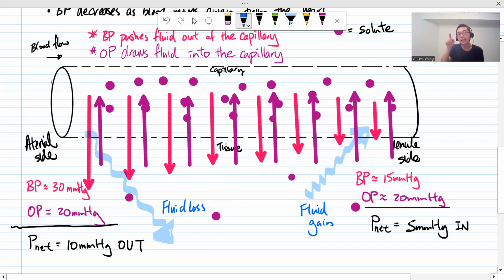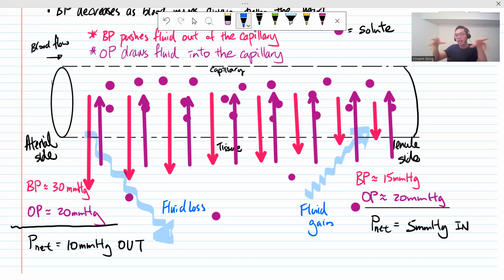And it turns out the fluid that stays in the tissue plays an important role as part of your immune system. We'll come back to this concept later at the end of lecture 2. For now, you just have to contend with the fact that I'm losing more than I'm bringing back. What's happening to that extra fluid, we'll find out next week.